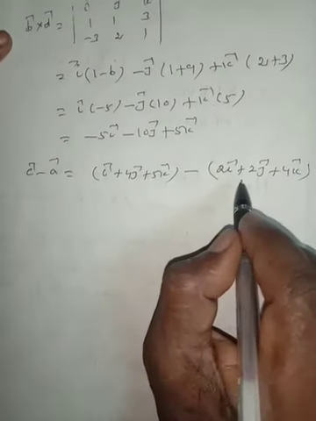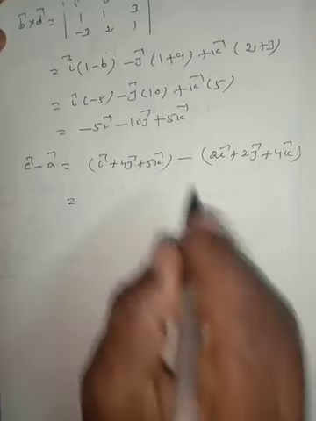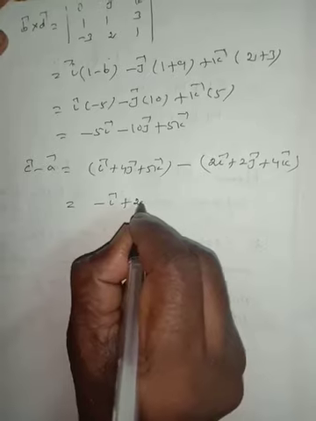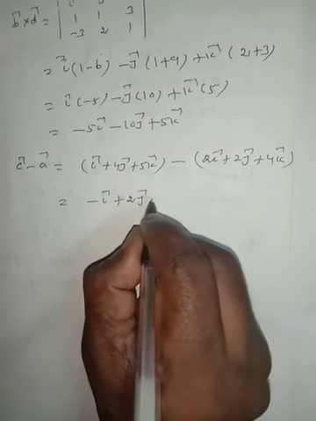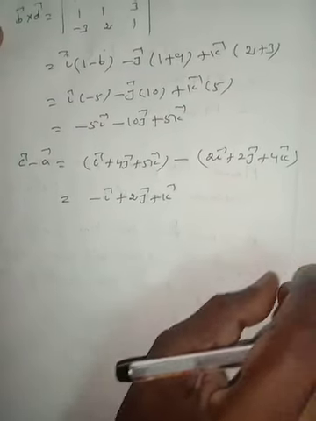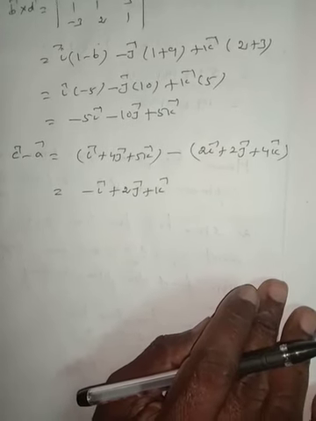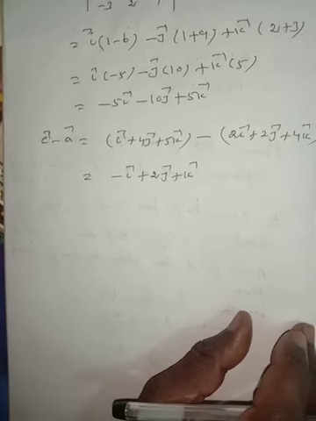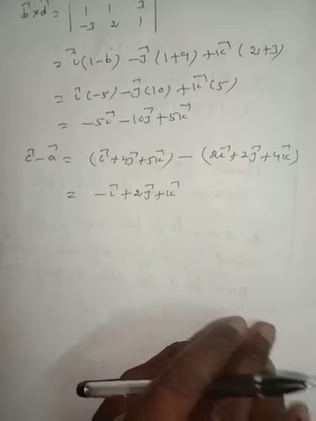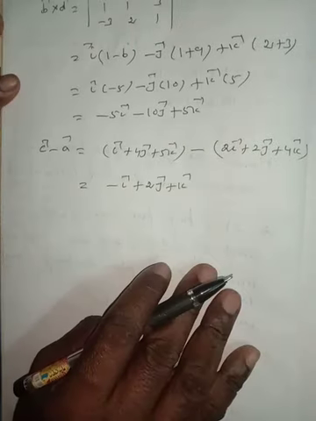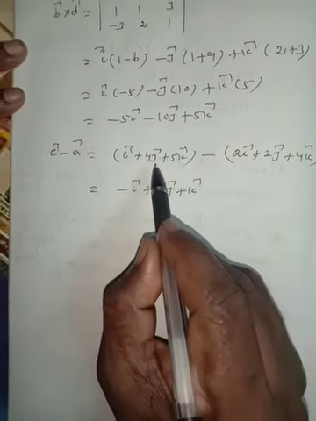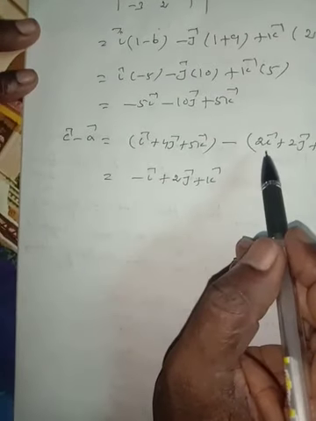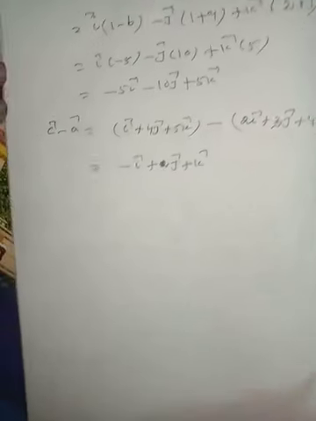Subtract second from first, we get minus i vector plus 2j vector plus k vector, so c minus a vector is minus i plus j plus k vector.